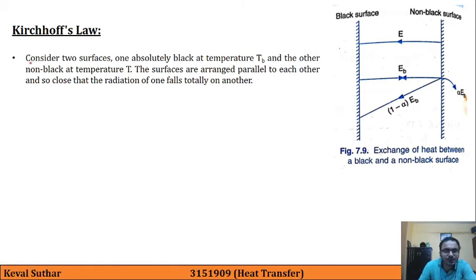Consider two surfaces. One is absolutely black at temperature Tb, and another one is a non-black surface at temperature T.